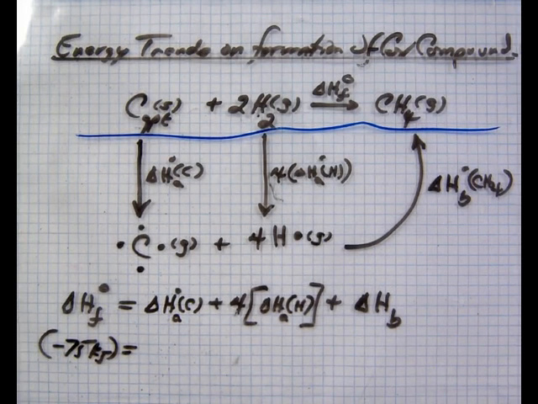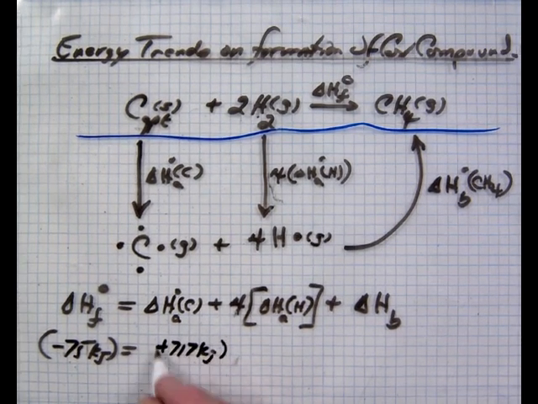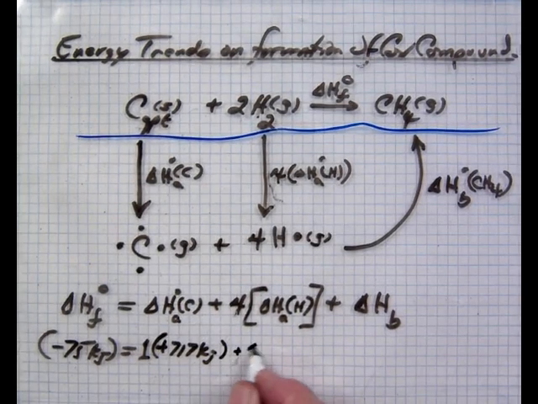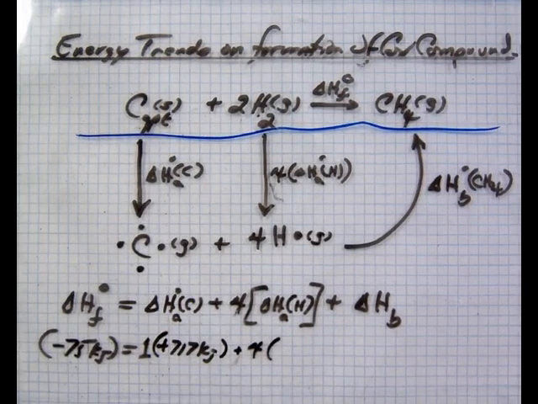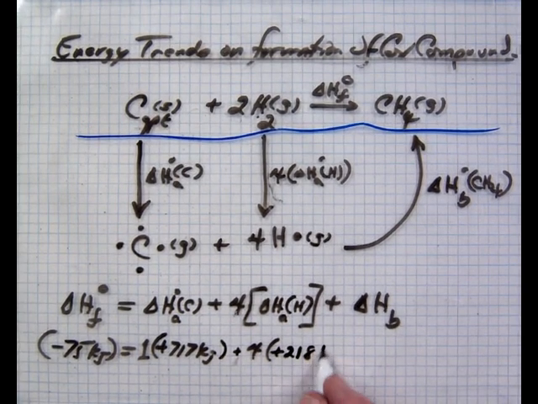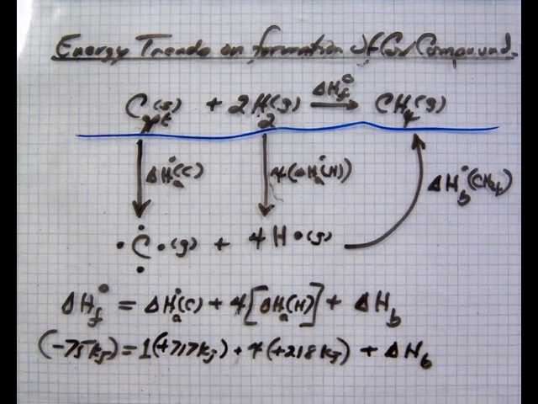Atomization of carbon, plus 717 kilojoules, and it's one of them. All we have to do is one. Hydrogen is 218, 4 times 218 kilojoules plus delta H of B.